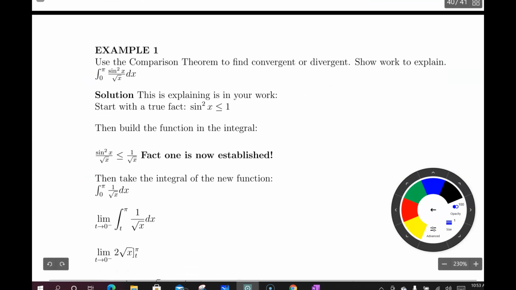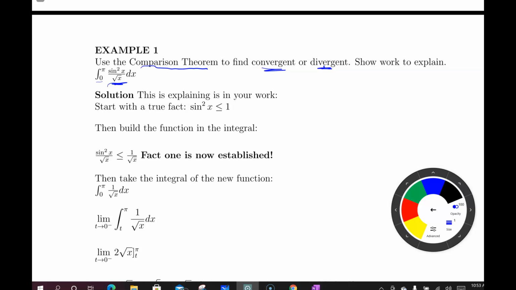Okay, here we go. This is a typical question where it'll say use the comparison theorem to find out if it's convergent or divergent. This is an impossible integral to do. There's no infinity, so that tells me there must be a vertical asymptote somewhere.